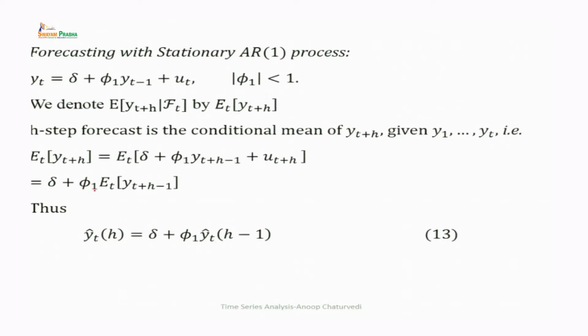The expectation of phi 1 into y t plus h minus 1 is equal to phi 1 into E t of y t plus h minus 1, and the expectation of the last term, that is the expectation of u t plus h given the observations y 1, y 2, up to y t, or given the information up to time t, is equal to 0.